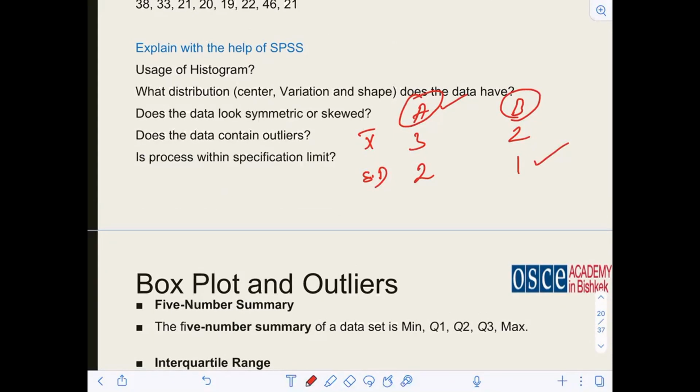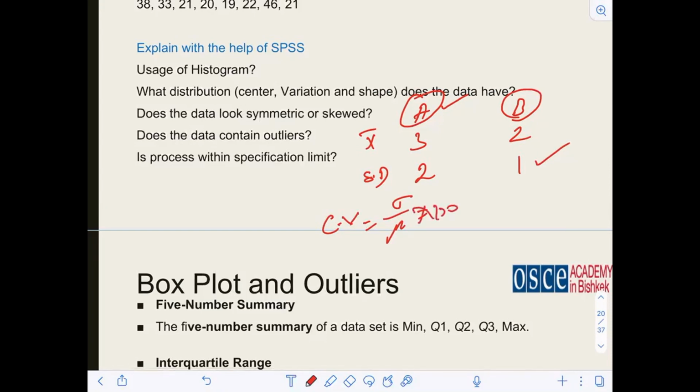And then we have the next formula, called coefficient of variation. Simple: the formula is standard deviation divided by mu, or in case of a sample, and multiply by 100. Let's say my standard deviation is 2 here, my mean is 3 here, multiply by 100.